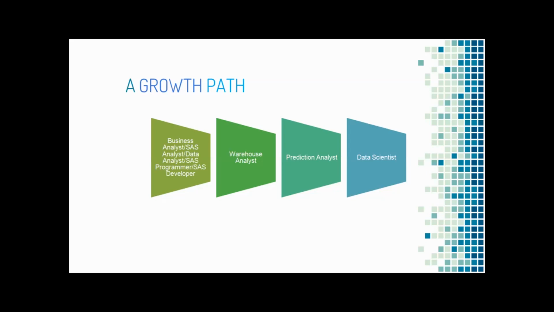Next profile after this can be data warehouse analyst, where someone manages the complete warehouse. And then a prediction analyst, and this person should have knowledge of algorithms and the machine learning part, so he will be able to work on those things. Next one is data science.